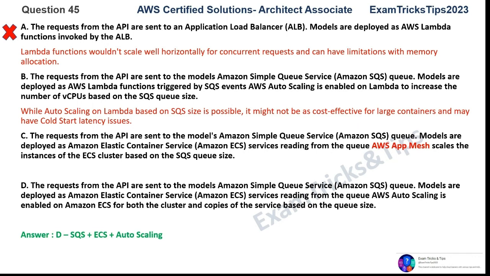So this way you are resolving the asynchronous APIs requirement by deploying SQS, which is available in even options B and C. And you are also solving the problem of different load being subjected to different machine learning models from the users. Because you're using a serverless service, which you are configuring in an autoscaling mode, this is the perfect solution. So option D is the correct answer for this question.